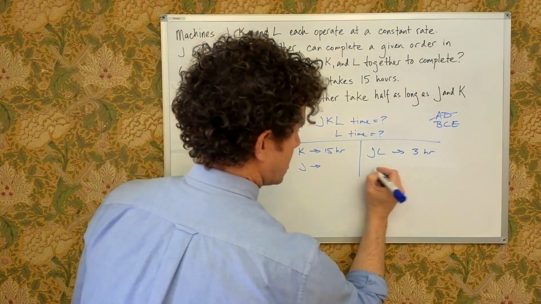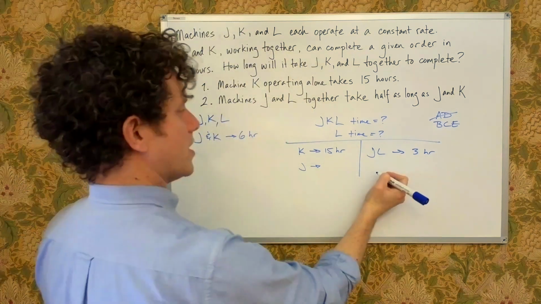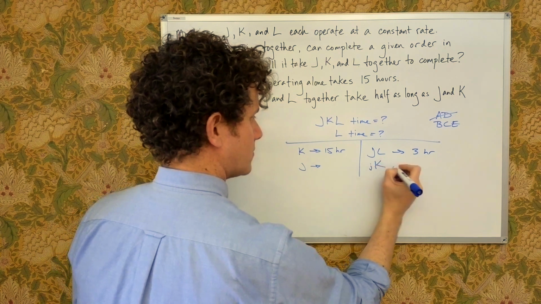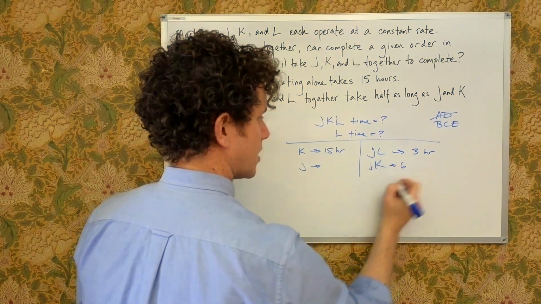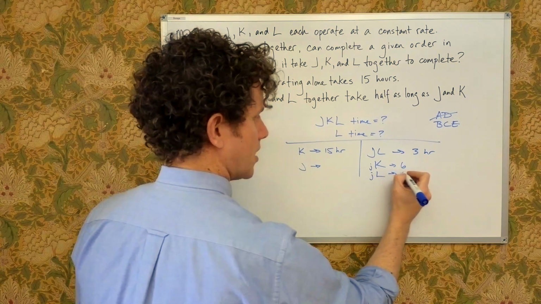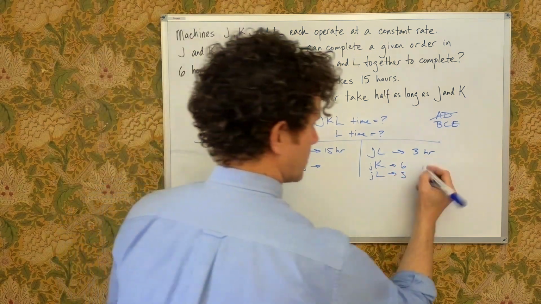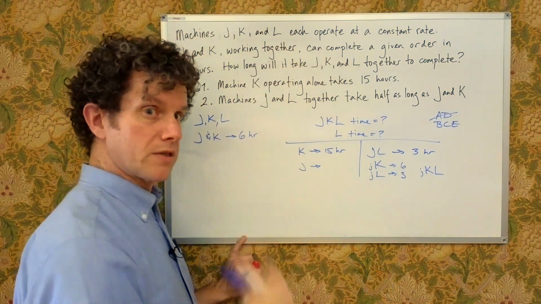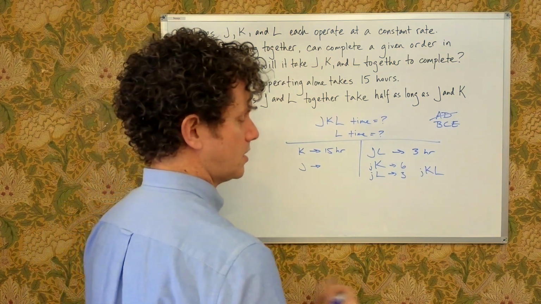It's possible that we have a feeble little J and a great big powerful K who are 6 hours, and we've got a feeble little J and a great big powerful L, and they're 3 hours. And when we put them all together, we've got 2 great big powerful machines, and they'll get the job done really fast.